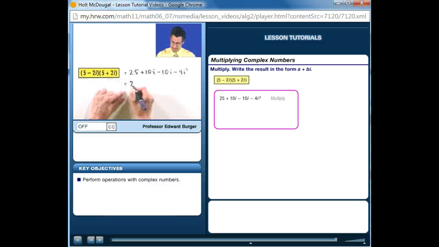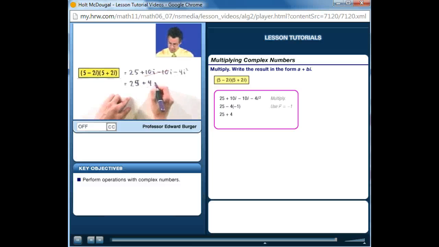Well, i squared is just negative 1. So I see here 25 plus 10i minus 10i, they actually drop out. Look at that, they cancel. And I'm just left with a negative, and then the negative 1 here gives me a plus 4. And so I see 25 plus 4 is 29.